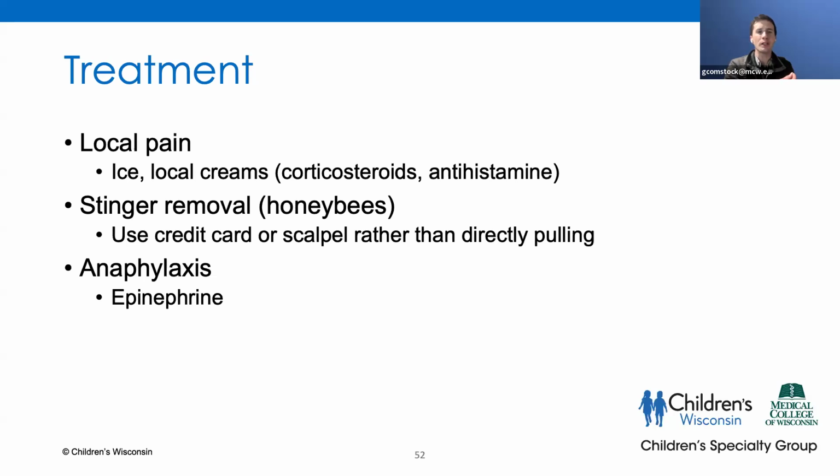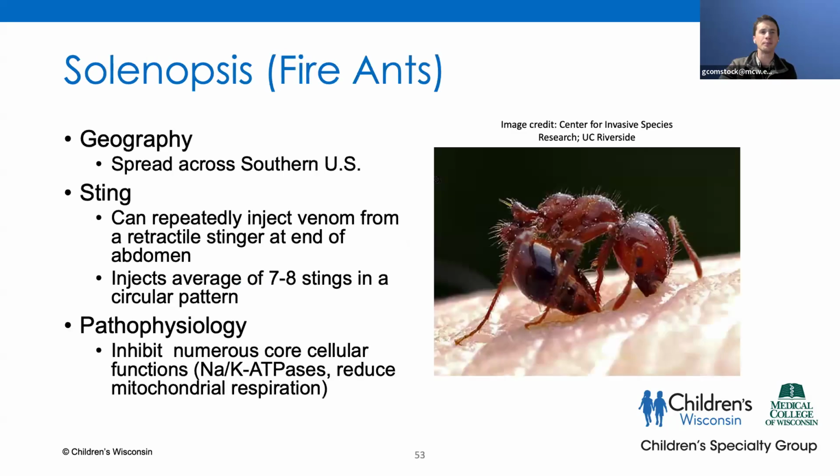Some sources recommend using a credit card or scalpel, not really incising, but kind of scraping away at it rather than directly pulling it, because there's the chance to squeeze out more venom into the wound. Olson's specifically says that the chance that there's still venom left in the stinger is quite low, so you can probably pull it with tweezers as well. So where the truth lies, I'm not sure. Some discord there. And then, of course, if somebody's anaphylactic, you'll want to treat them with epinephrine.